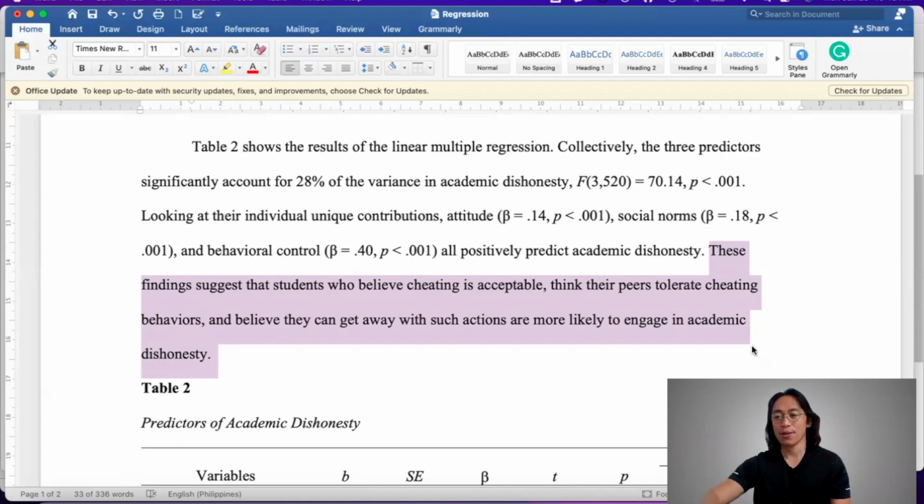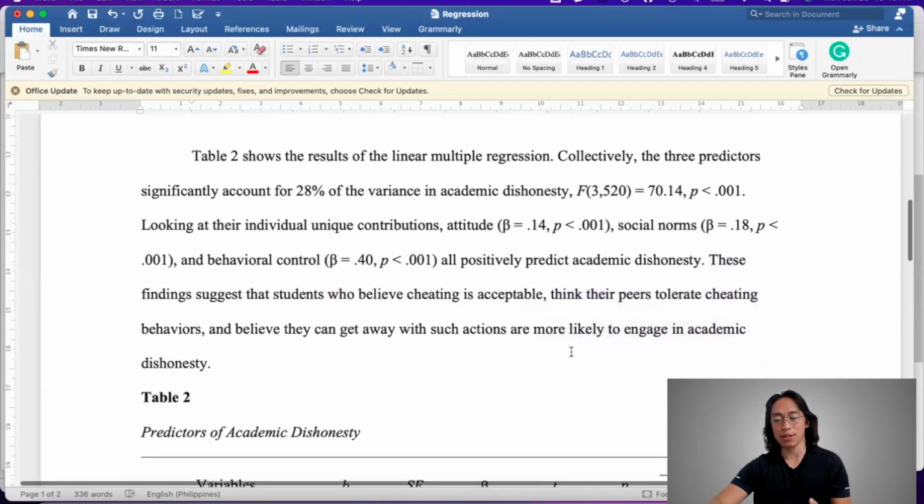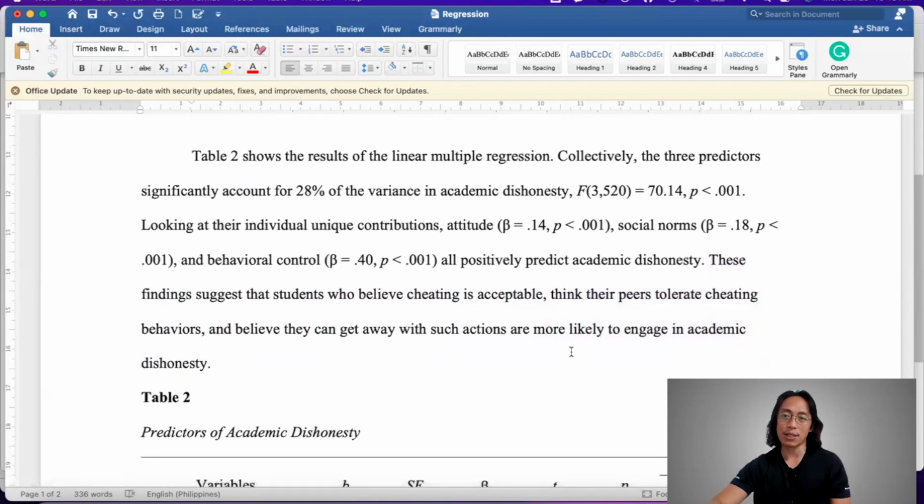All right. So that is how you write a simple results section for linear multiple regression.